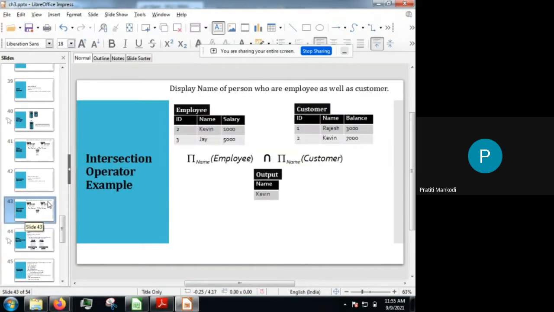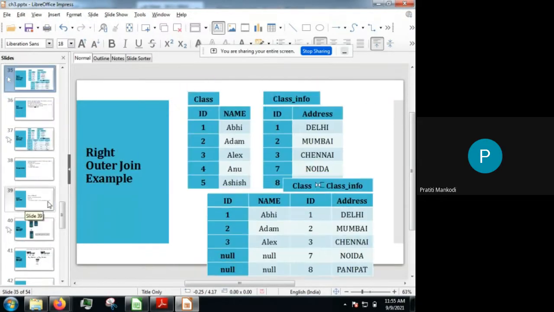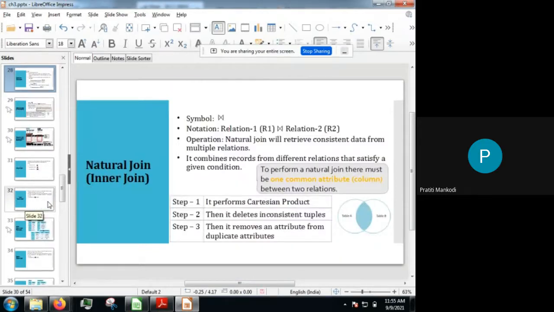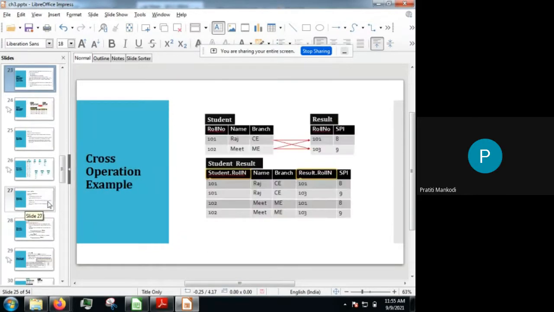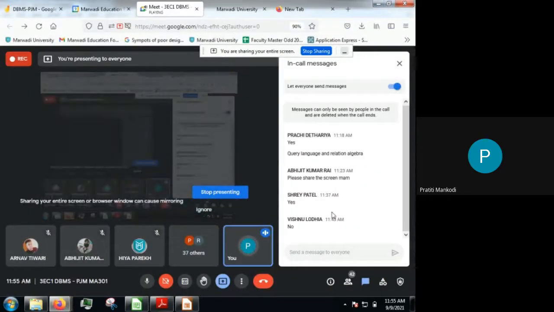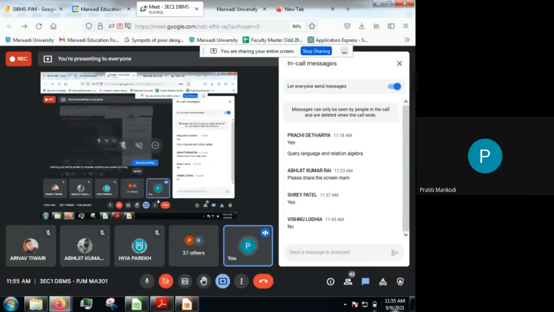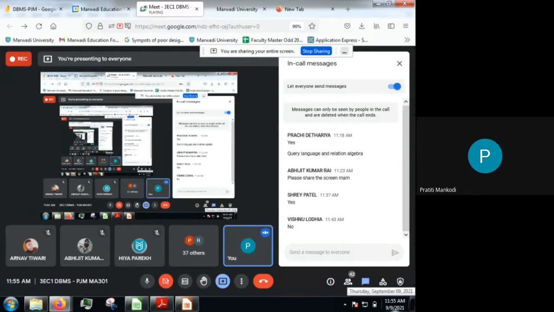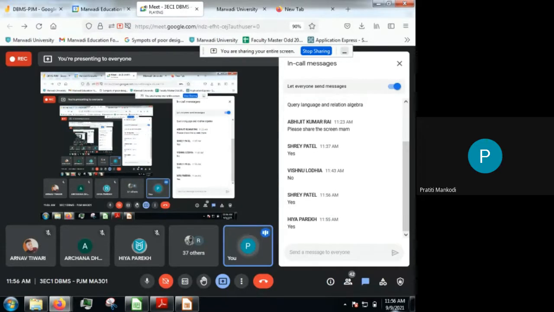So let's summarize the operators. Next we'll be doing the cross product, the Cartesian product, next time. Right? Let us revise it. Online students, is it fine from my side? Selection, projection, union, intersection and difference.